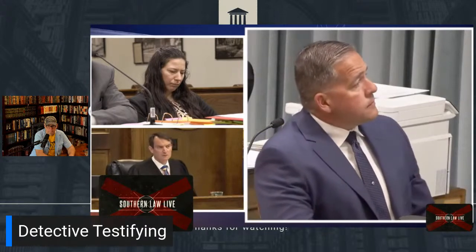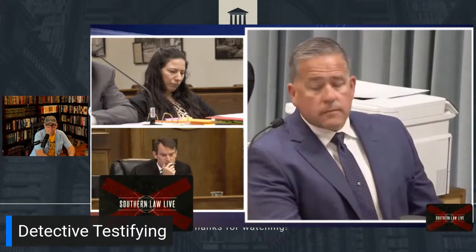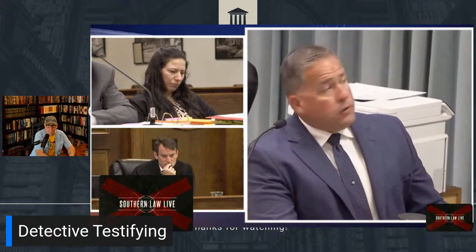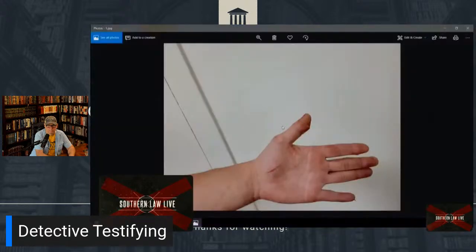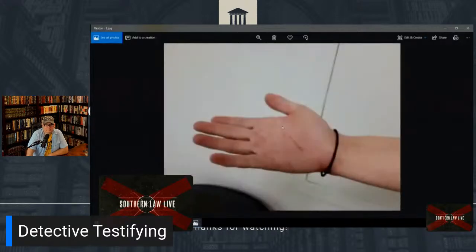So are we observing photograph 103 at this point? Yes, you are. Okay, and what does this depict? This would be her left hand. There's a superficial cut in the palm below the thumb, and then you can see the cut on the thumb partially from a side view. Pretty nasty. And then exhibit 104, is that what we're looking at now?